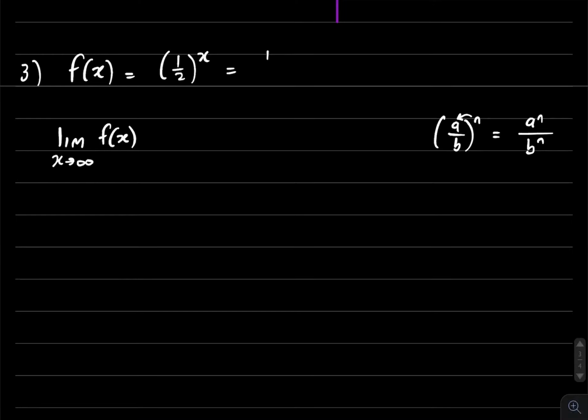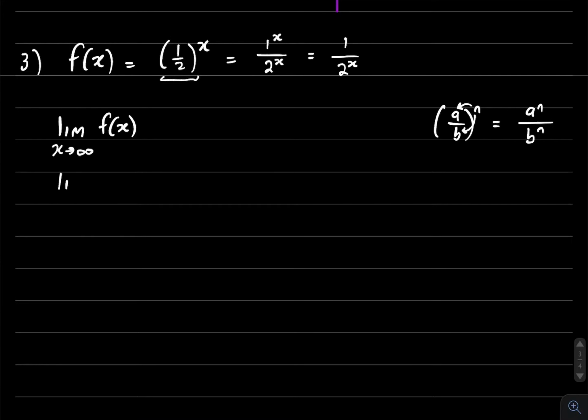So the law of exponents tells us that you can distribute this exponent between the numerator and the denominator, right? So if we simplify our function here, we get 1 to the power x divided by 2 to the power x. We know that 1 to the power of anything is just 1, right? Then 2 to the power x remains as it is.